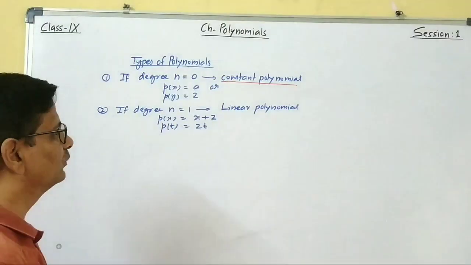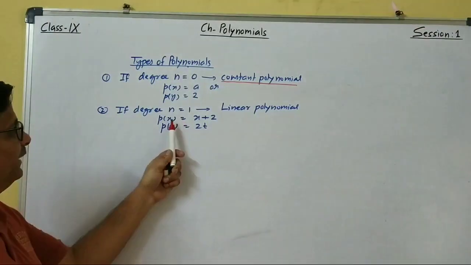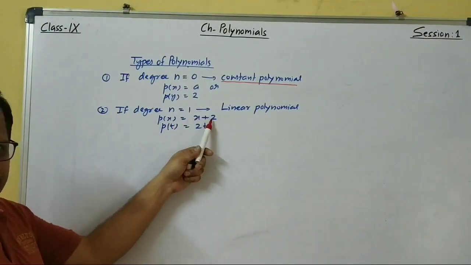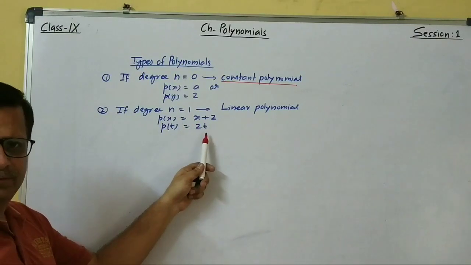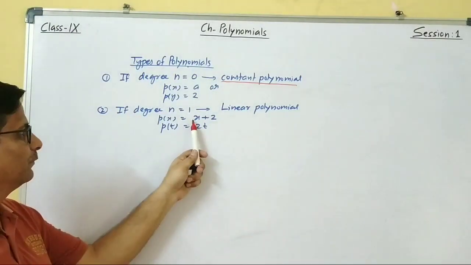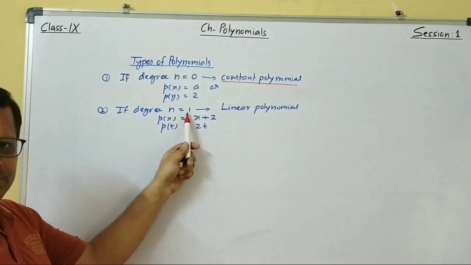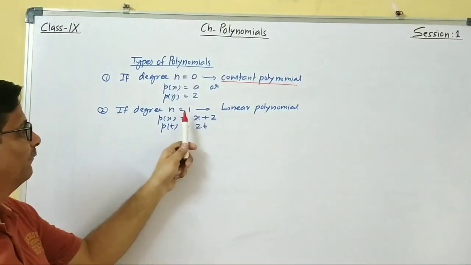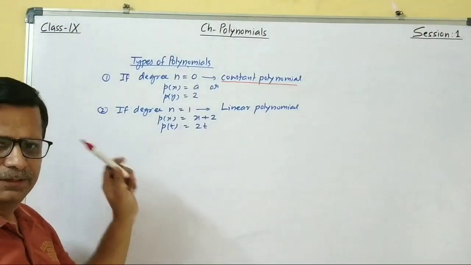Such polynomials are called linear polynomials. A linear polynomial can have at most 2 terms and at least 1 term. Every polynomial has at least 1 term, and the maximum number of terms is equal to n plus 1. So a linear polynomial can have 1 plus 1, that is 2 terms.